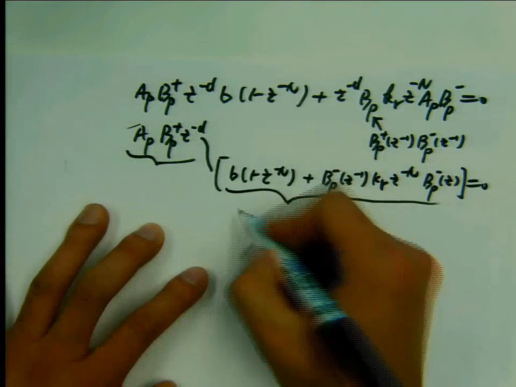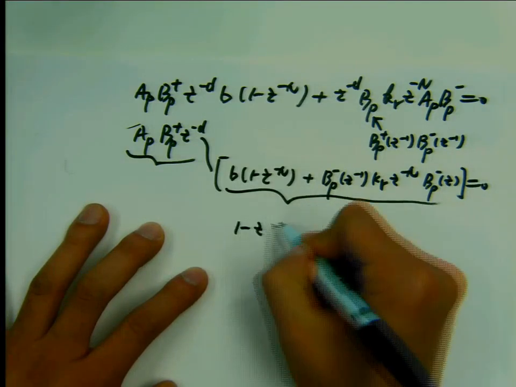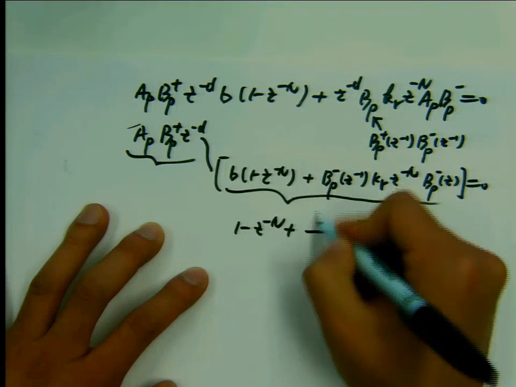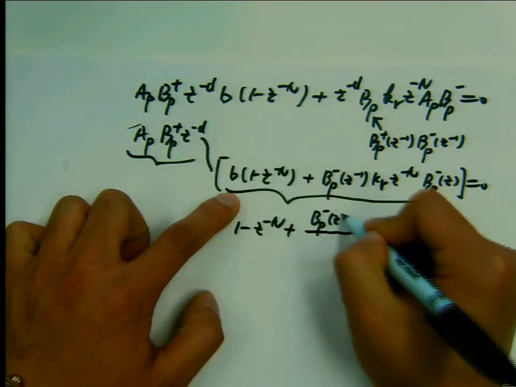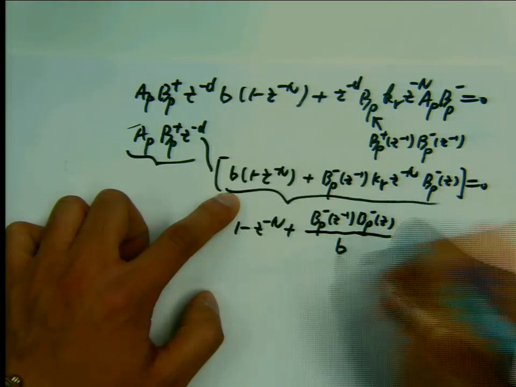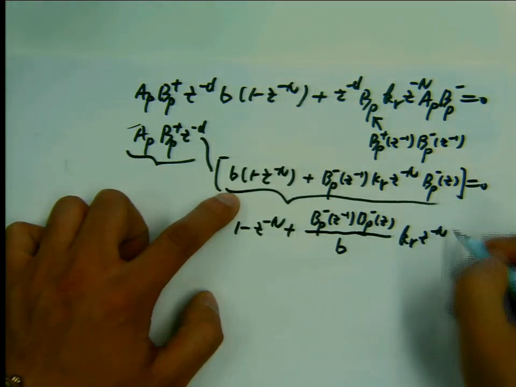Let's see. I think we need to do a little bit of factorization. So this is what I will try for the first round. I'm going to divide by B, z negative 1, BP inverse z B. Then I have KR z negative n.